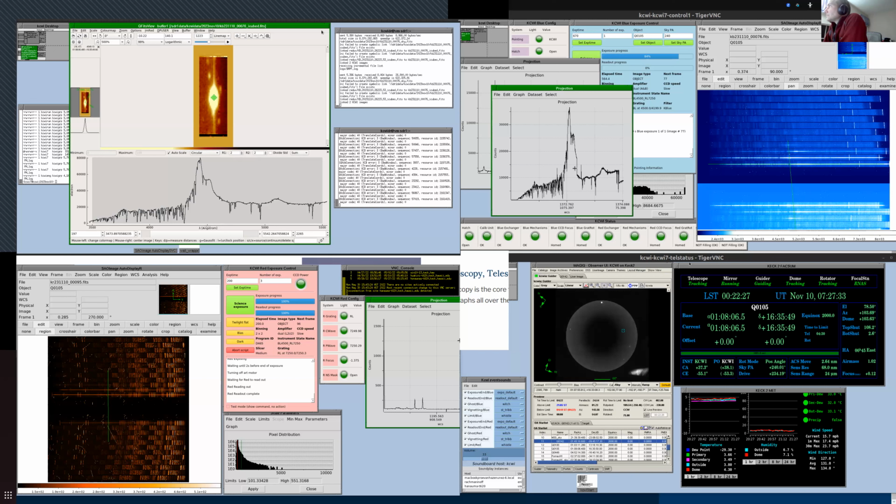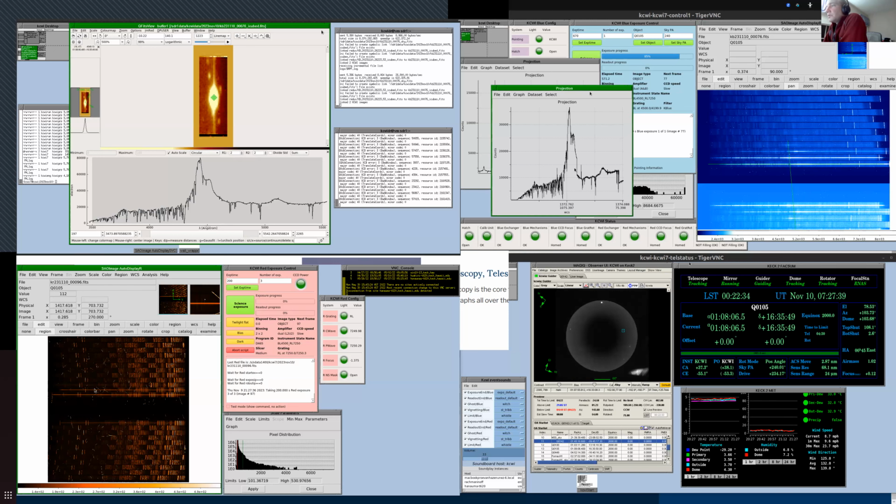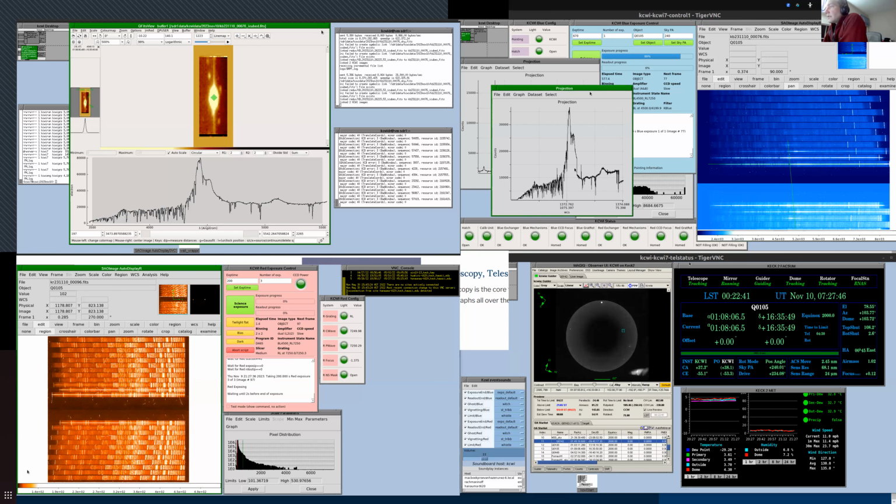So I think Evan's going to do one more exposure on this quasar and then move to a different quasar. Yeah, we still have half an hour before we move to Fornax.